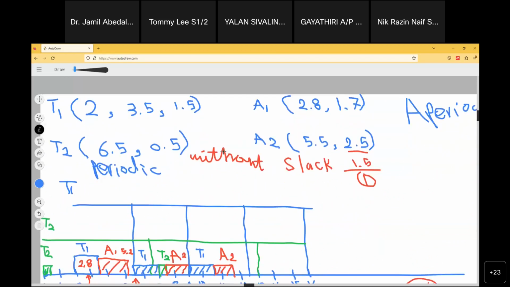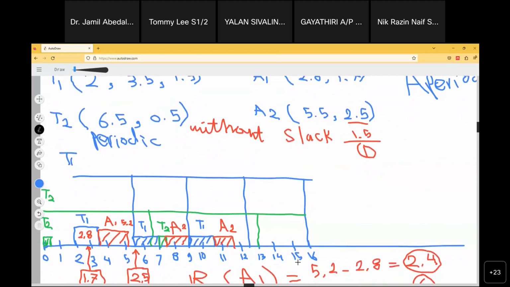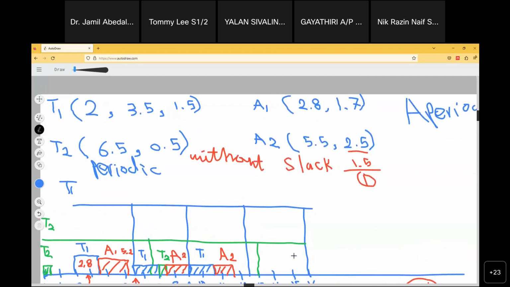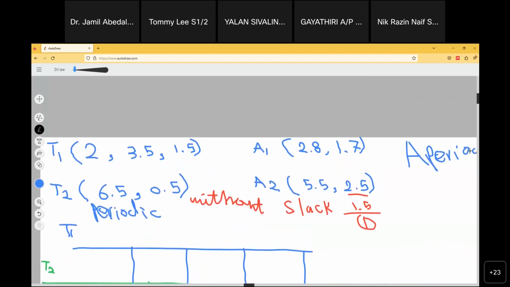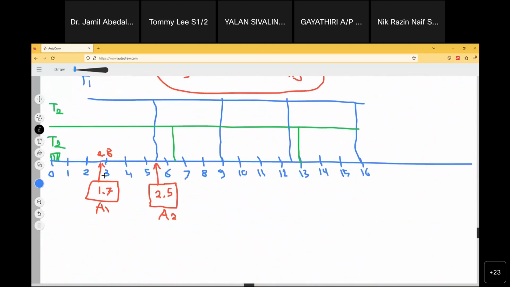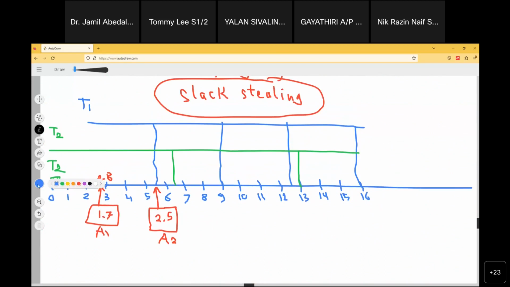So the priority is given to the periodic when we're using without slack stealing. But when we use slack stealing, the priority will be given to aperiodic. So since aperiodic releases at 2.8, it will preempt task 1. So task 1, as you see here, we execute from 2. We keep moving until 2.8 and stop.